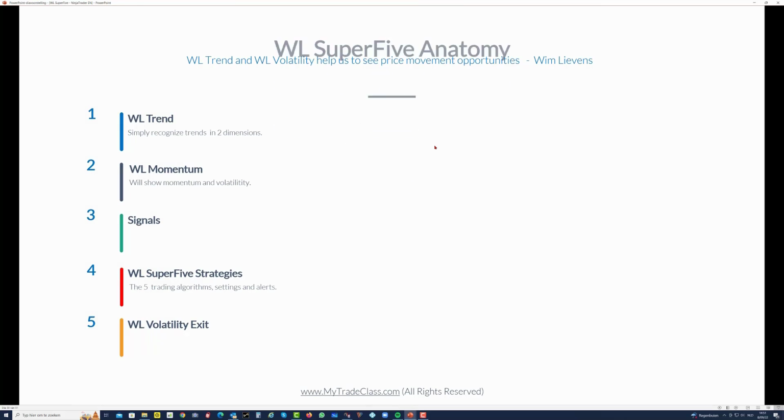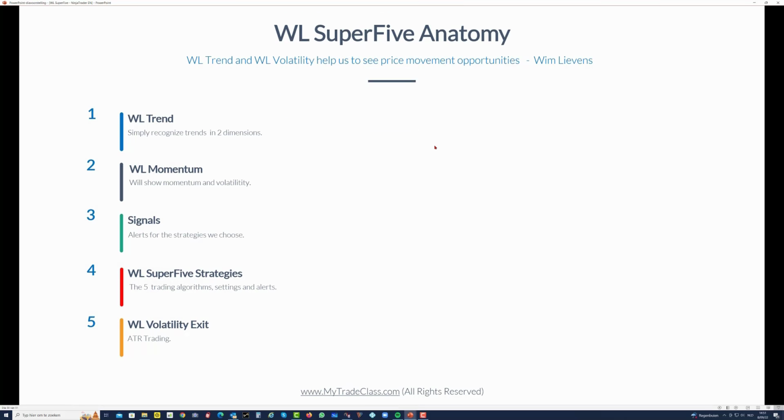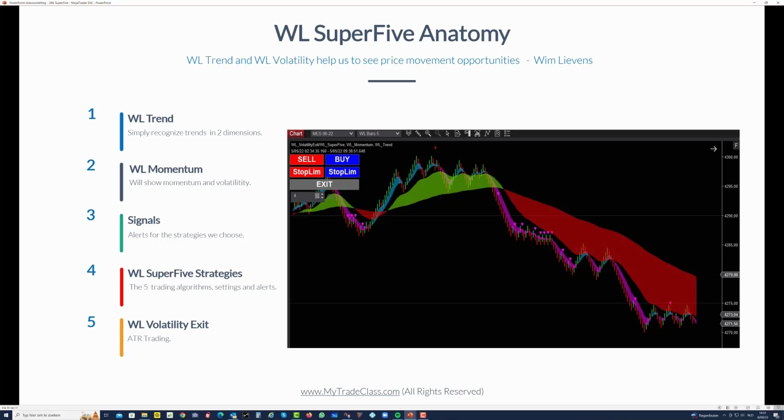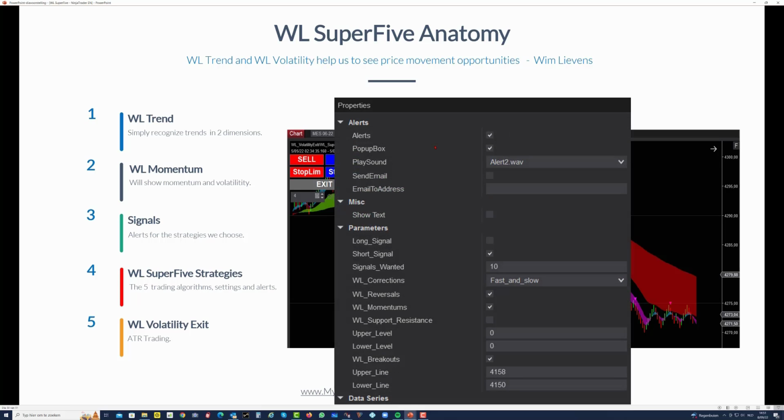Now the anatomy here, again, we've discussed this: real trend, real momentum, and what you of course also have is the SuperFive tool.